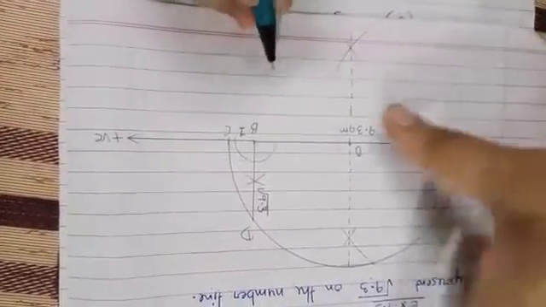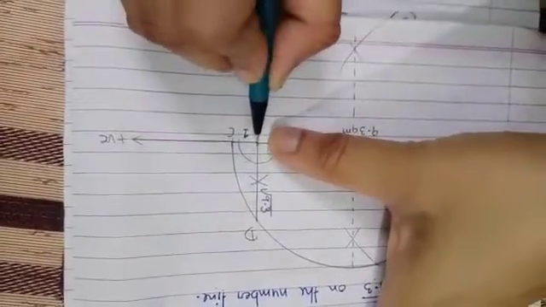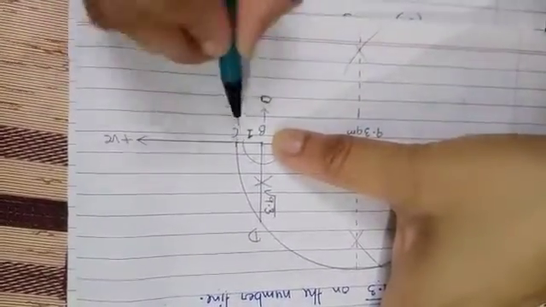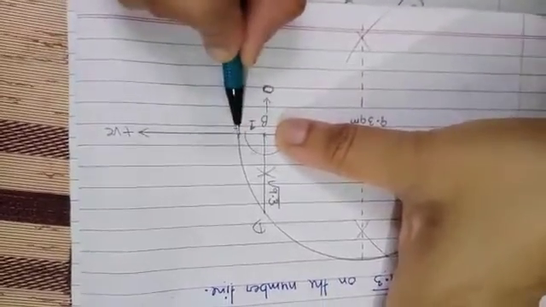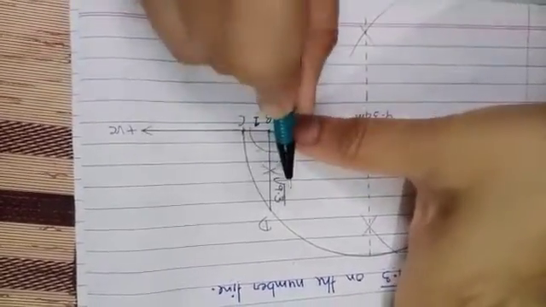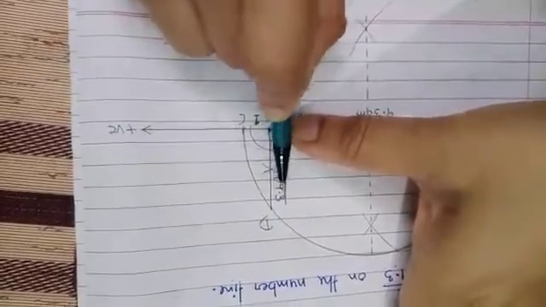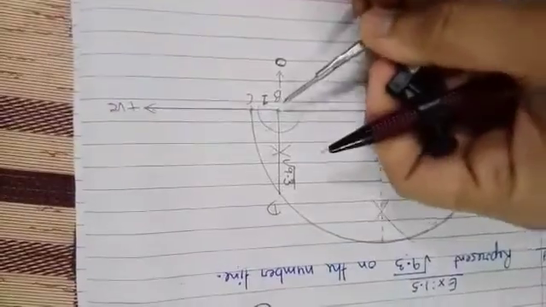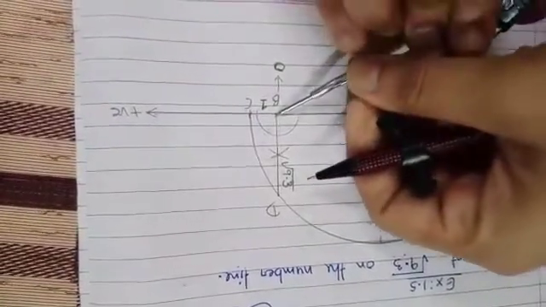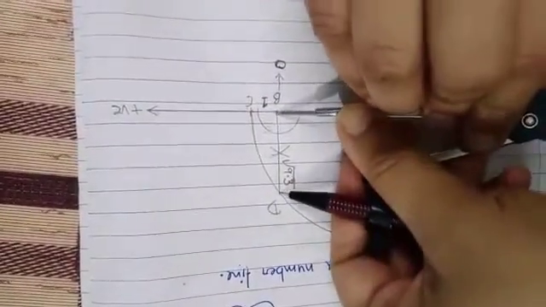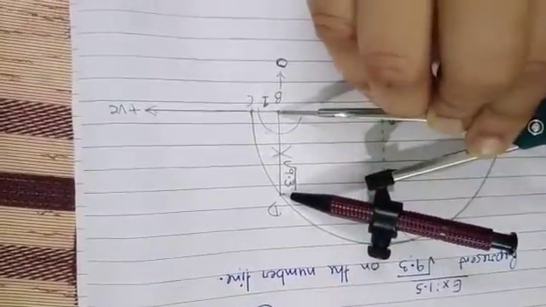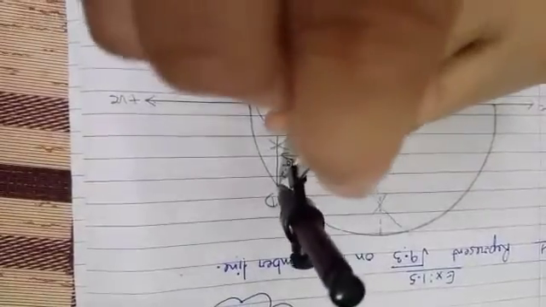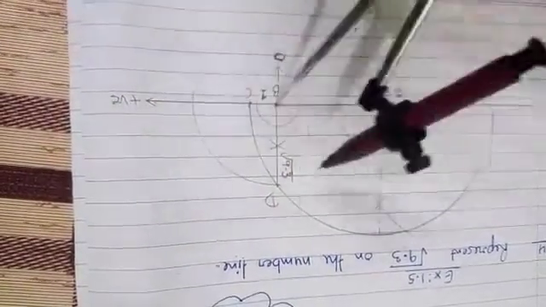So children, if B point is representing 0, C point is representing 1. So to represent this root 9.3 on this number line, I have to take the pin at B, take a distance equal to BD, see like this, and I'll just make an arc on the number line like this.